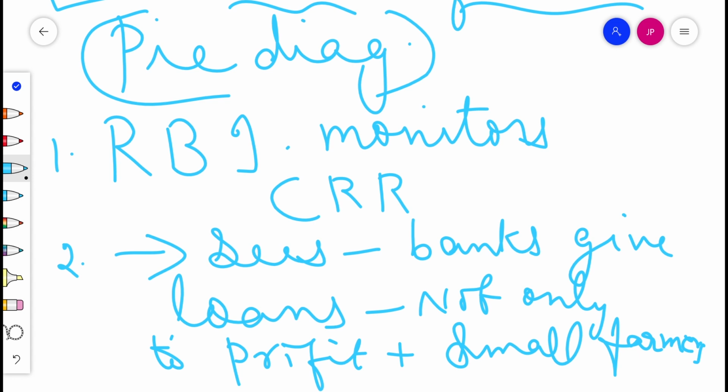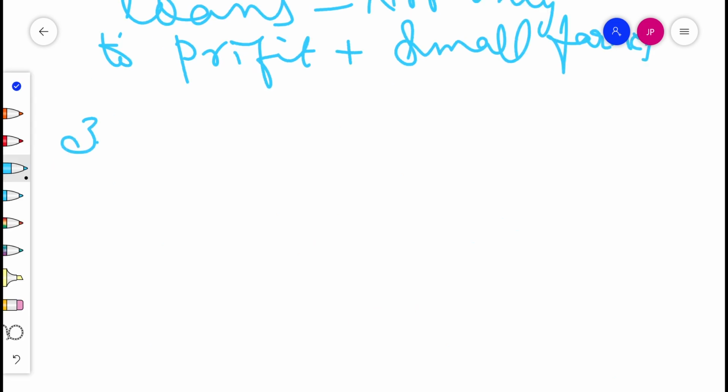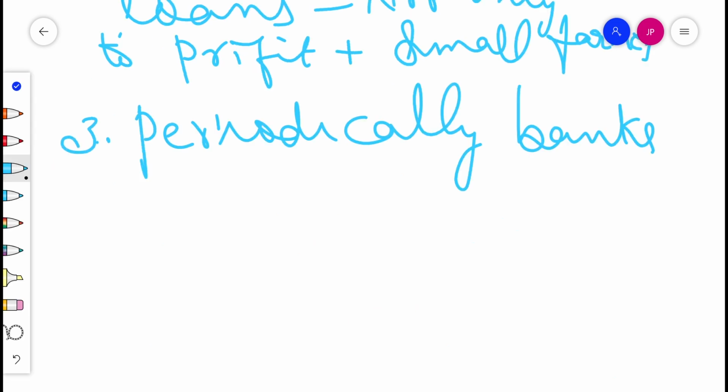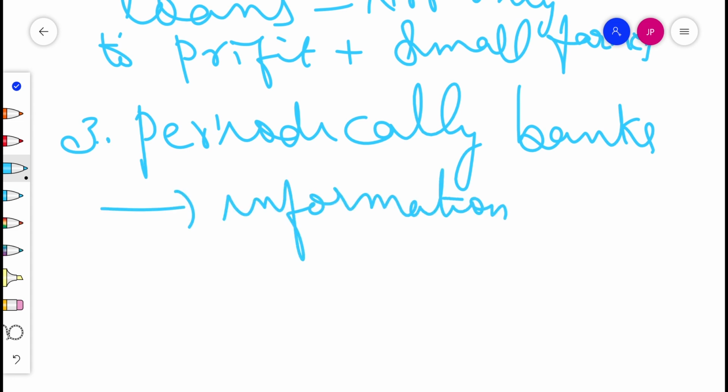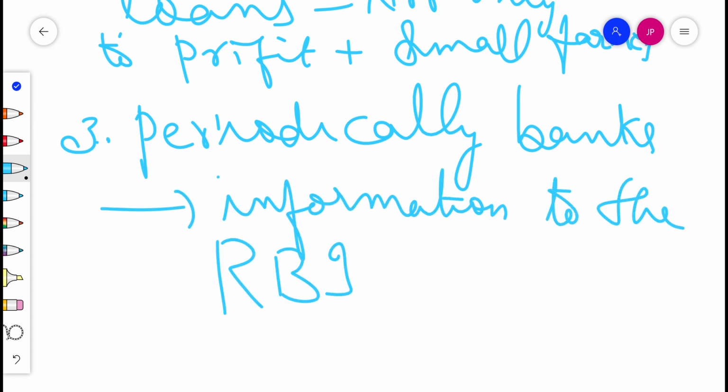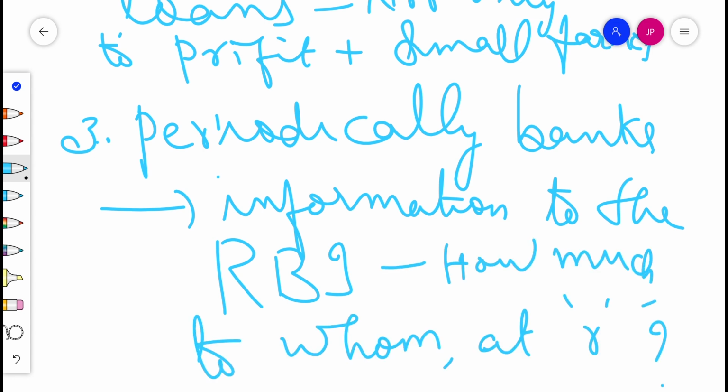That's the second function. Thirdly, periodically banks have to submit information to the RBI on how much they are lending, to whom and at what interest rate. So in this we can see the functions of RBI, the Reserve Bank of India. They are supervising the functioning of formal sector only.